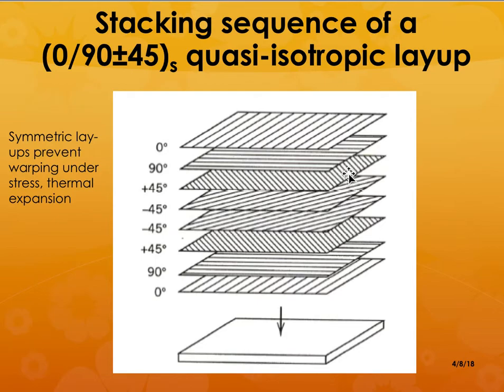So this is actually written up as 0, 90, plus minus 45 symmetric, and this is not isotropic, but they call it a quasi-isotropic layer. Okay, there is also something called an orthotropic layer where you have 0, plus 60, minus 60, minus 60, plus 60 and 0. So that is called an orthotropic layer.